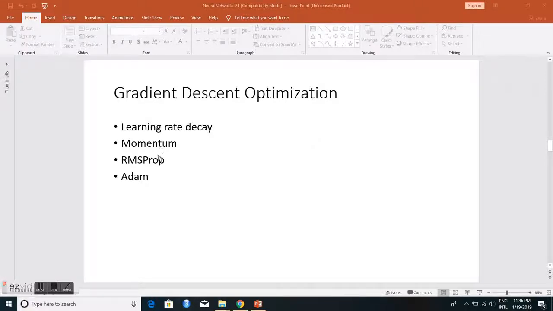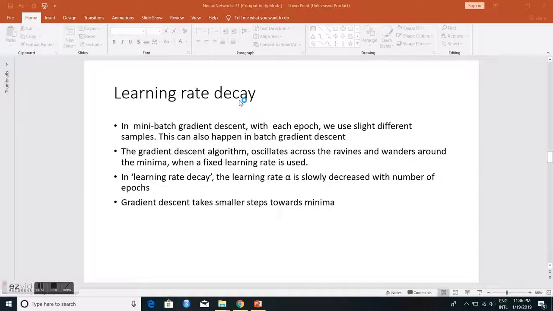So let us look at the different gradient descent optimization methods. The first is learning rate decay. Then we have momentum, RMSprop, and Adam. So what is learning rate decay? In batch gradient descent or mini batch gradient descent, with each iteration, or with each epoch, the gradient descent algorithm oscillates across the ravines.